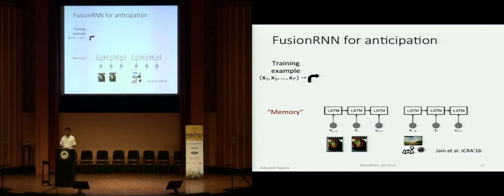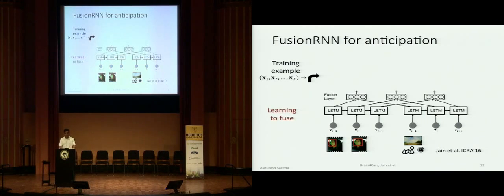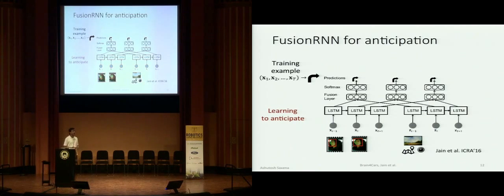We have seen many examples in the past, and this was work from last year, published this year in ICRA, that if you design the right architecture of the deep learning algorithm, which I'm not going to go into detail on, but if you take the low-level inputs from different modalities, throw in some layers, and then combine them in a fusion architecture, and you also connect them in a temporal fashion, you can actually make such predictions. And this kind of architecture often performs much better than other algorithms.